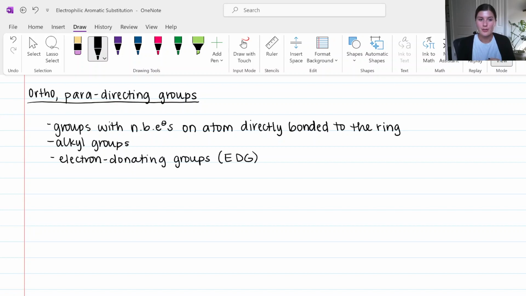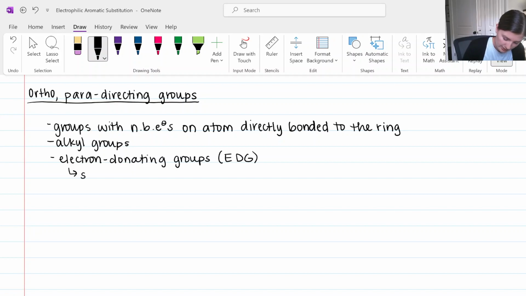So if we remember the two electrophilic aromatic substitution reactions that we've talked about so far, halogenation and nitration, one of the steps is forming that carbocation intermediate that is not aromatic. That is the highest energy intermediate that ends up being the rate determining step. And so if we can lower the energy of that carbocation intermediate, the reaction happens quicker and we get a more stable intermediate. So that happens when we have electron donating groups.